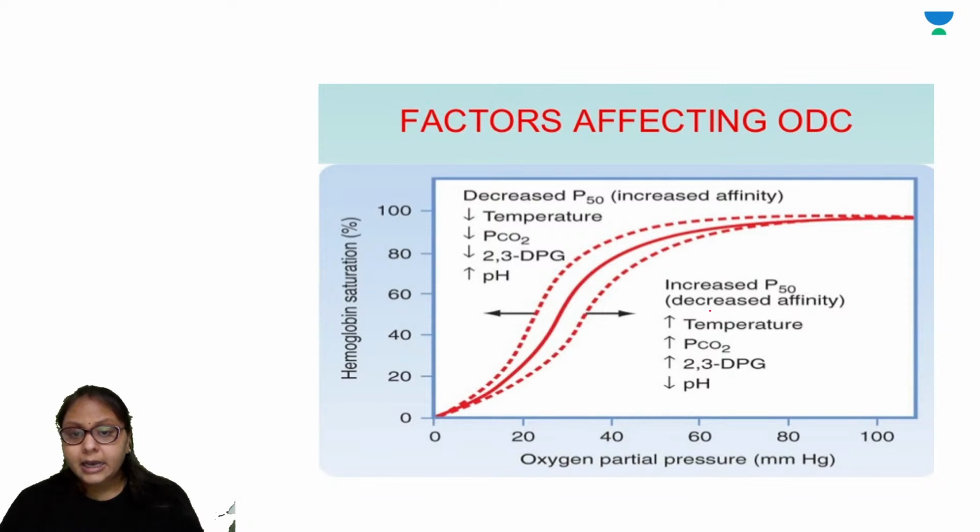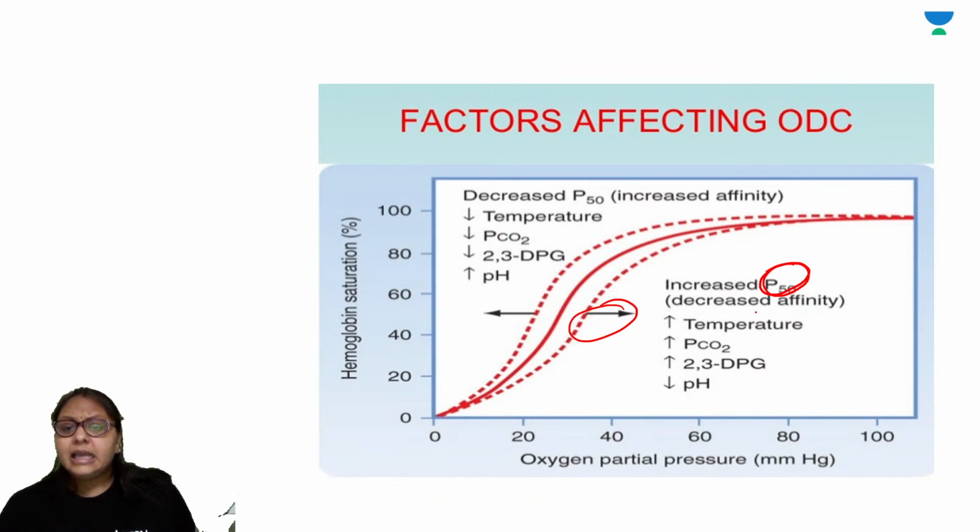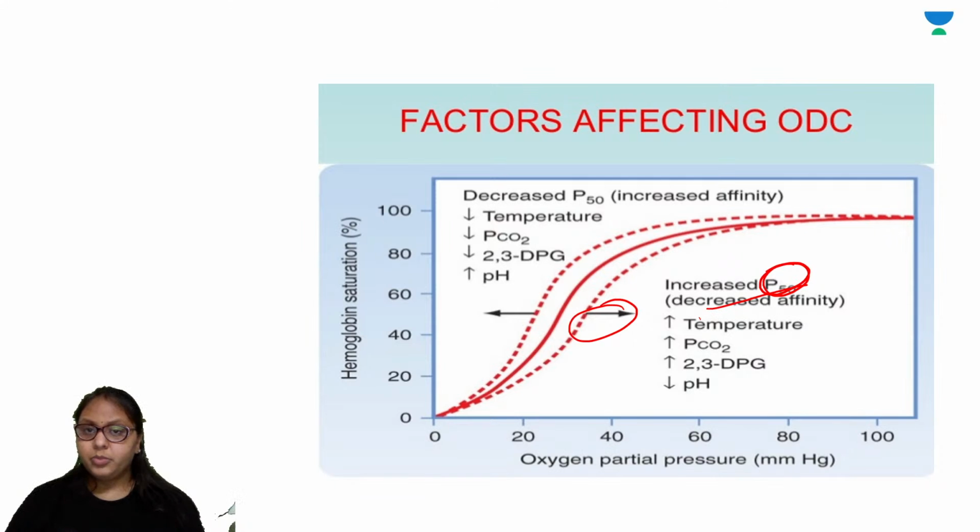For example, if there is an increase in the P50, that means there is a decrease in the affinity of oxygen to the hemoglobin. So the curve will shift towards the right.